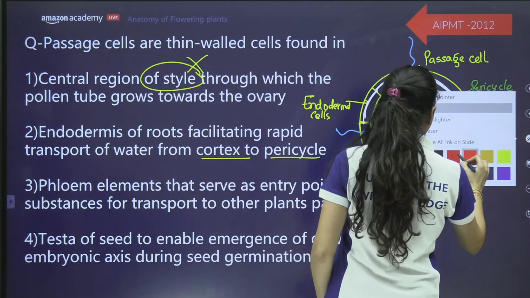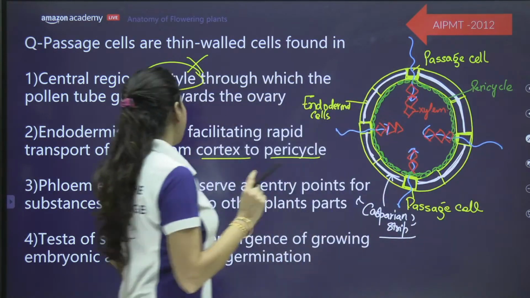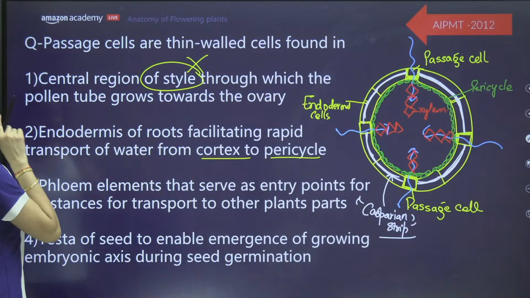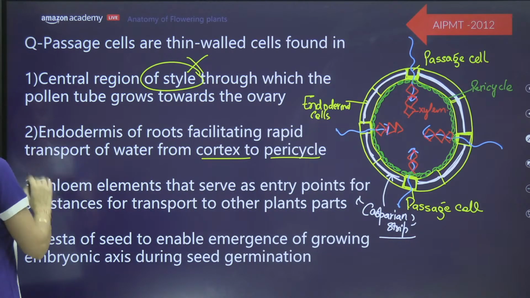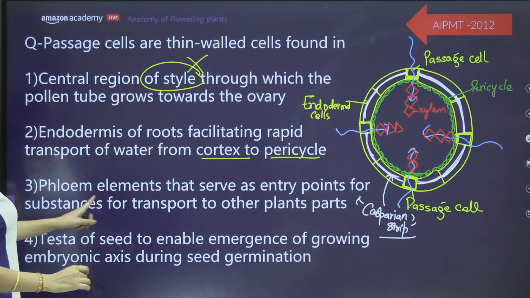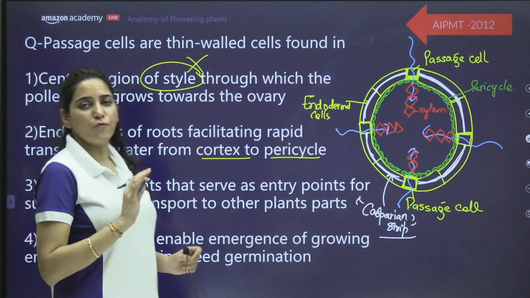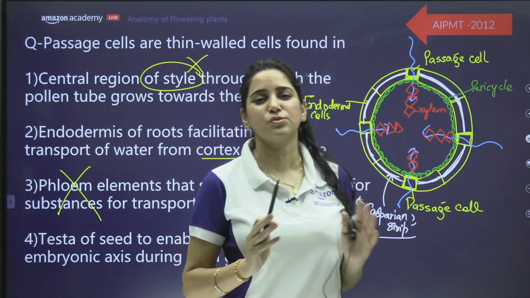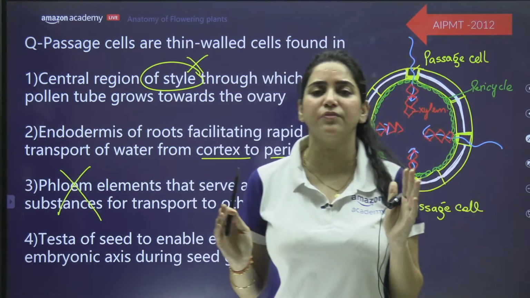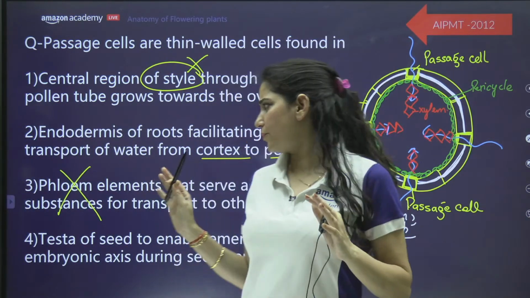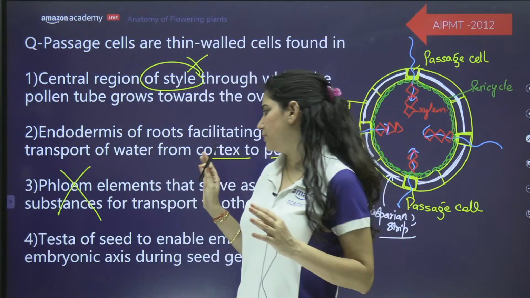So second option, what do you think about second option? Endodermis of roots facilitating rapid transfer of water. This seems right, but let's check others also. Phloem elements that serve as entry points. Not at all. Phloem is not associated with water transport. It is associated with food transport. Therefore, we will not call phloem here.